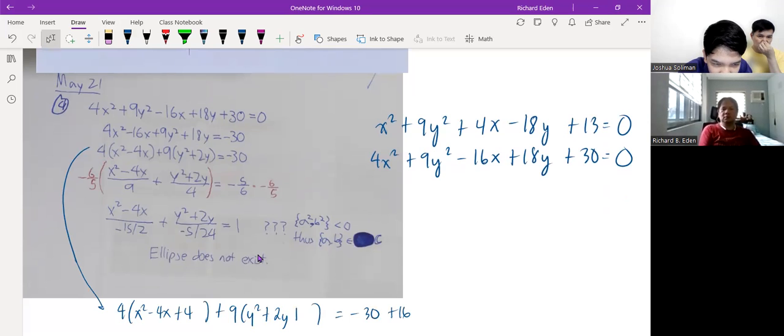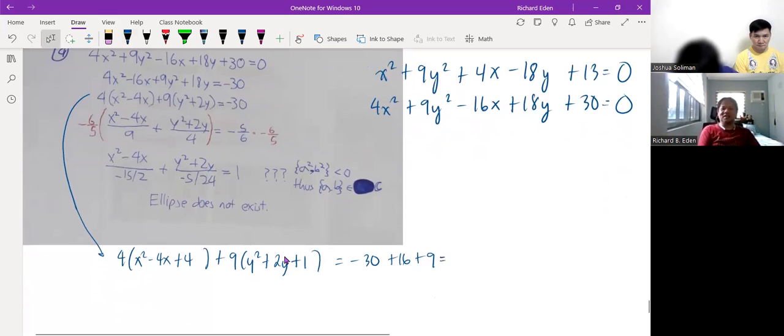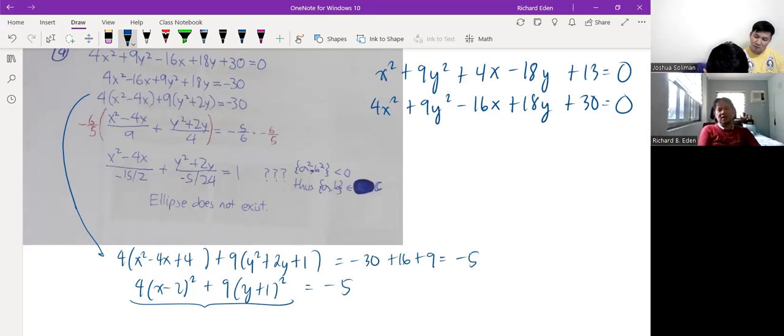Why did I forget to complete the square? Plus 9. But then still, this ends up being negative 5. So 4 times x minus 2 quantity squared plus 9, y plus 1 quantity squared equals negative 5. The left side is going to be positive for many pairs of x and y. There's a possibility of 0 when x is 2 and y is negative 1.